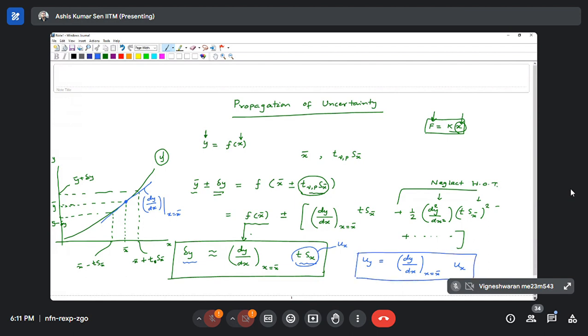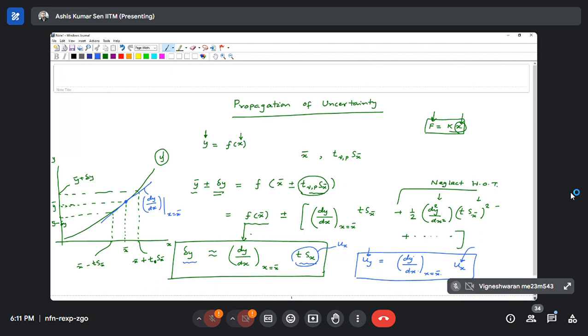Okay. So if you have an uncertainty in the independent variable, and you know the dependence of the dependent and independent variable, if you take the gradient of that and evaluate at the mean value of the independent parameter, you can estimate the uncertainty of the dependent parameter. Okay.